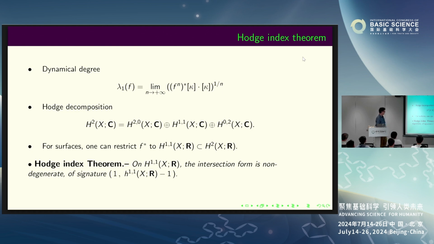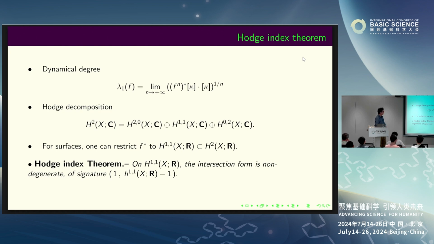That's the intersection form. And this intersection form is very special because it's non-degenerate, and its signature is 1, h11(X) minus 1, where h11(X) is just the dimension of this space.